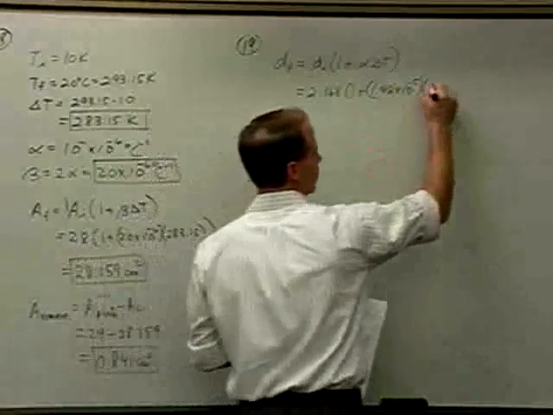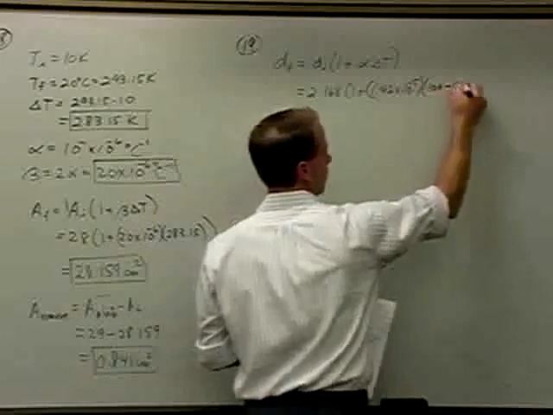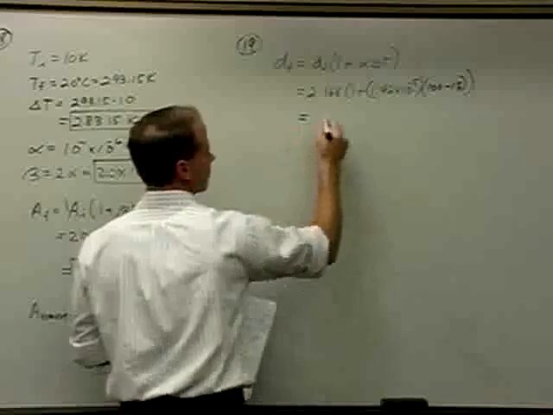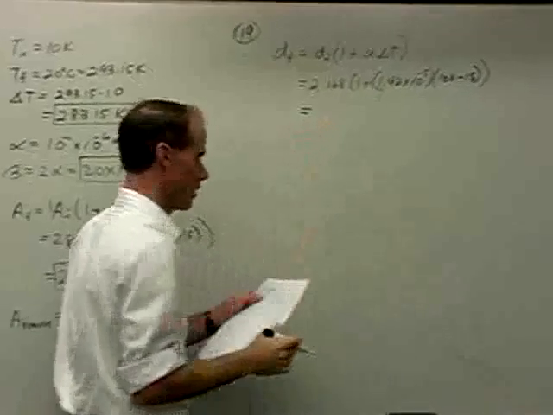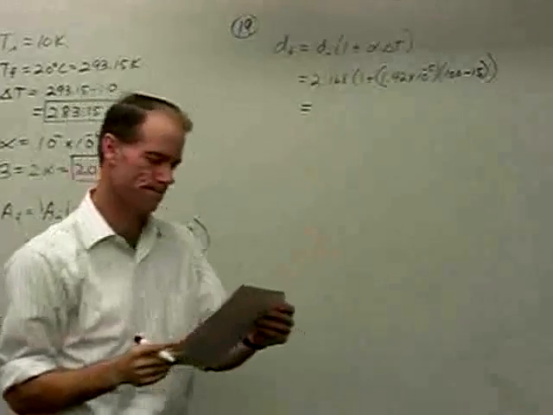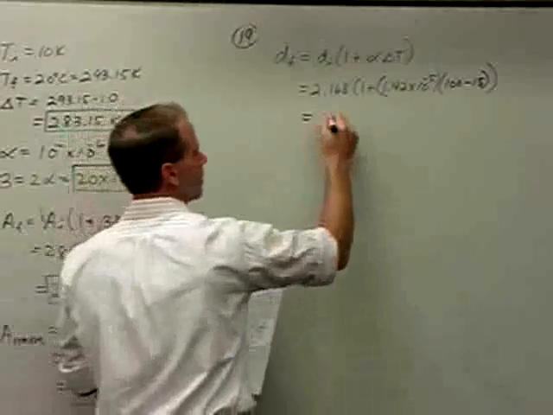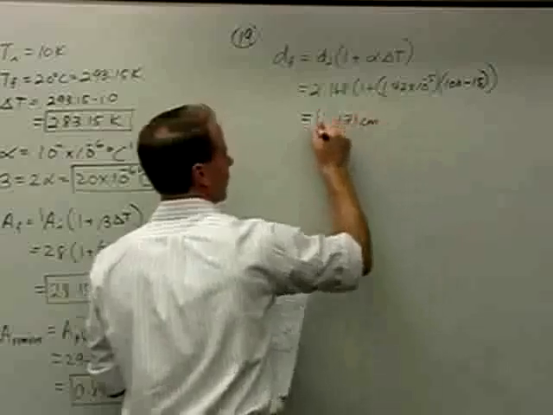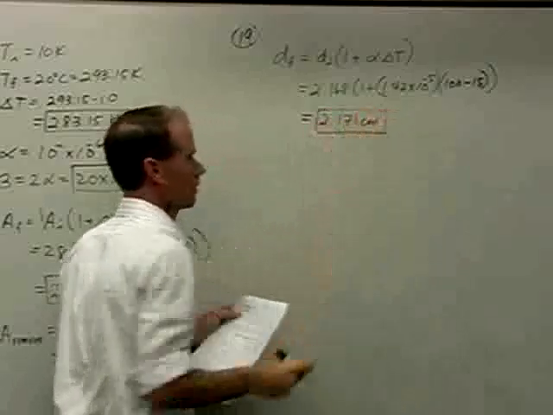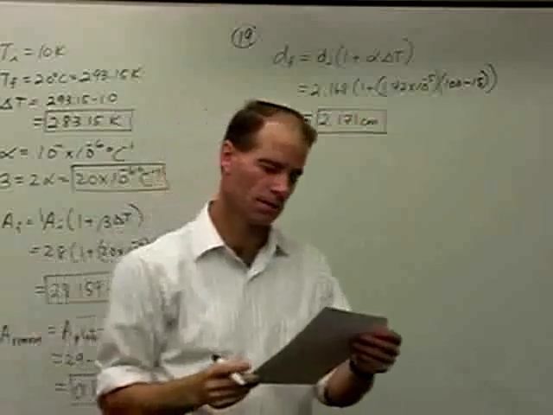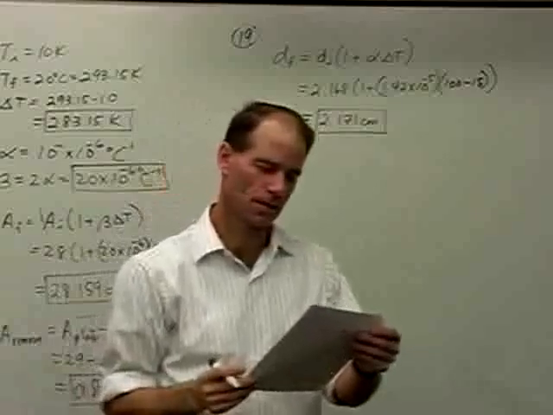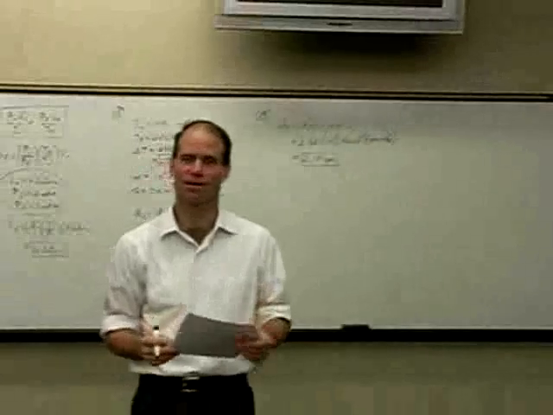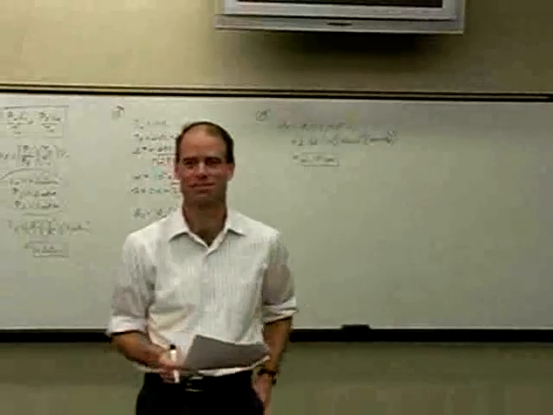So our change in temperature will be 100 minus 15, or 85. So when I put all those numbers in there, I get 2.171 centimeters. So our new diameter is 3/1000ths of a centimeter larger.